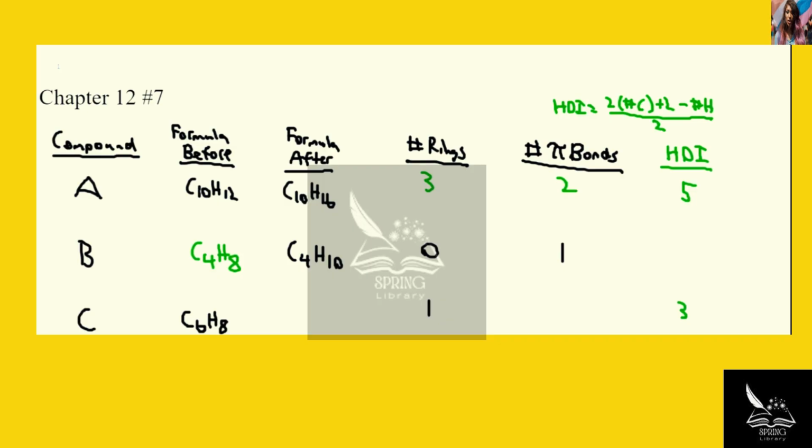We have 1 ring, we're told, so we must have 2 double bonds. And so we're going to add 2 pairs of hydrogens when we hydrogenate. Our formula after hydrogenation is going to be C6H12, because we've added 2 pairs of hydrogens, or 4 hydrogens total.